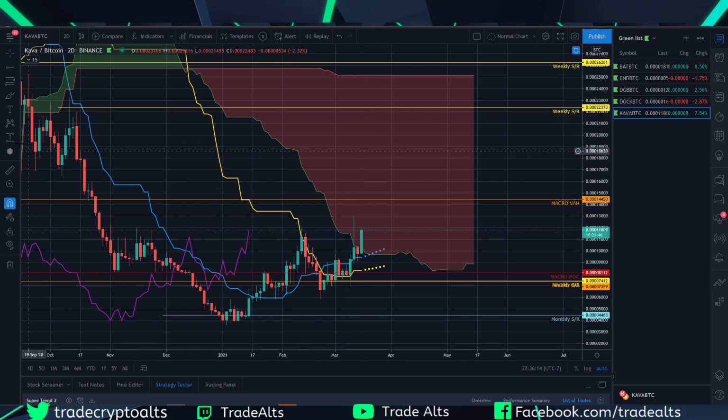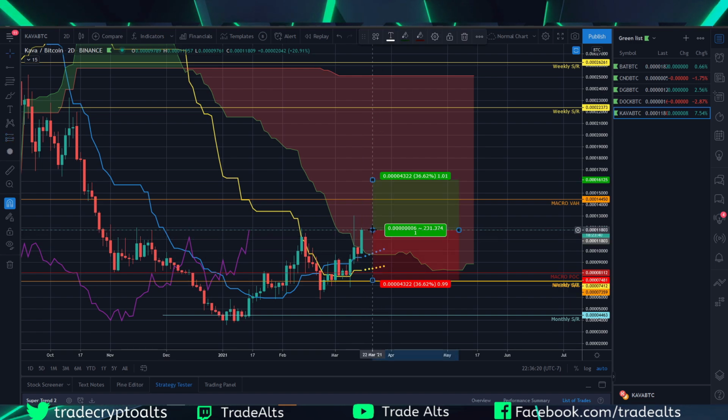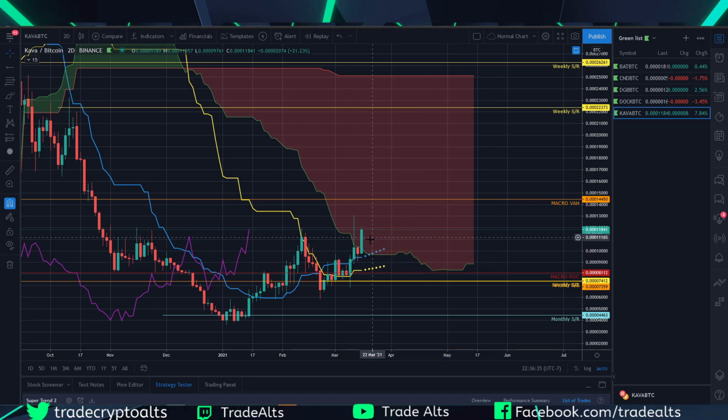You don't know where price is going to close, but let's say it closes here, even if you just look at the potential, it's insane. And as far as your stop loss, it's impossible for me to say right now, because I want to actually analyze this once price closes inside cloud.